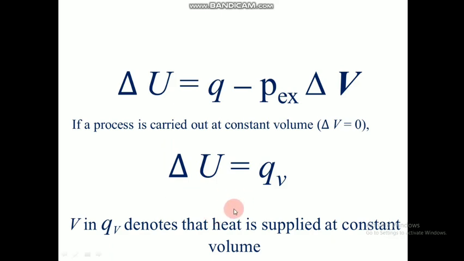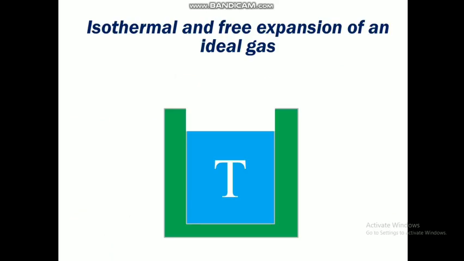Now we are moving on to the real discussion, which is about the isothermal free expansion of an ideal gas. You know what free expansion is, and I hope you are all clear about what an isothermal process is. There is a tendency among people to confuse isothermal and adiabatic processes. So first we will compare an isothermal process and an adiabatic process.